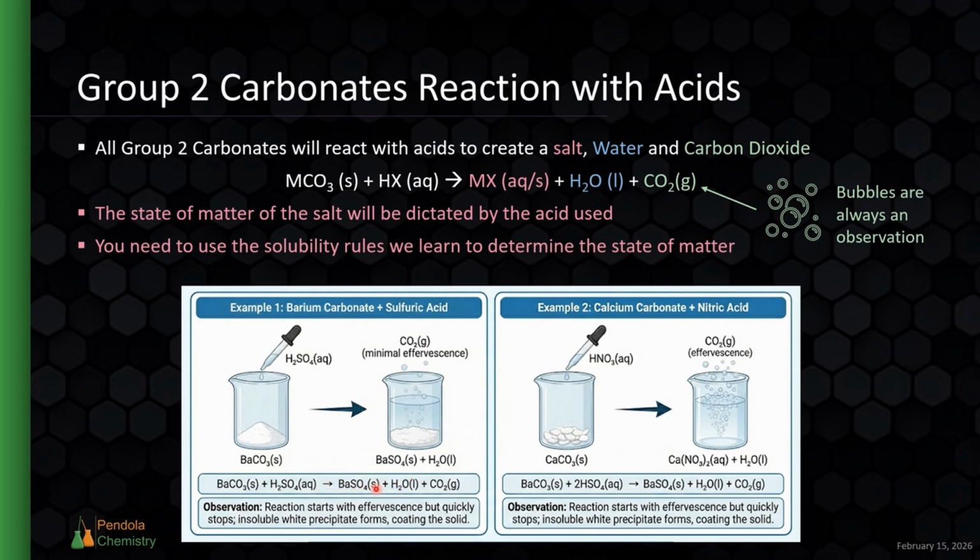Well, the barium sulfate is a solid. Remember, group 2 sulfates get less soluble down the group. So as we go from top to bottom, from magnesium all the way to barium, the sulfates are going to become less soluble.